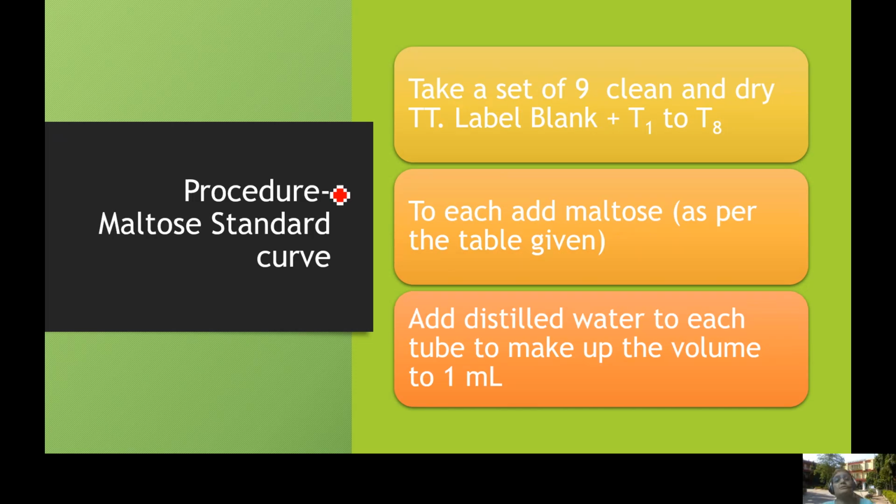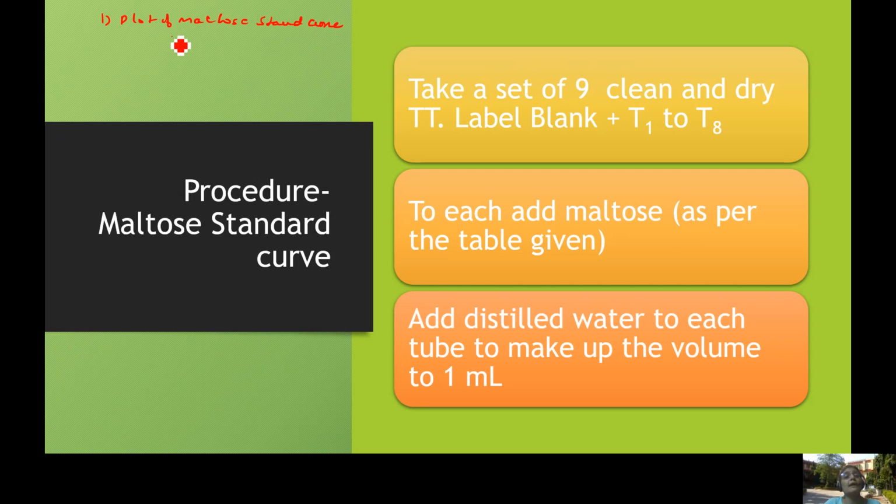Now let us look at the procedure for plotting the maltose standard curve. Like I have told you, in the Lowry's method, the measurement of the enzyme activity will consist of two steps. The first step is the plot of the maltose standard curve.